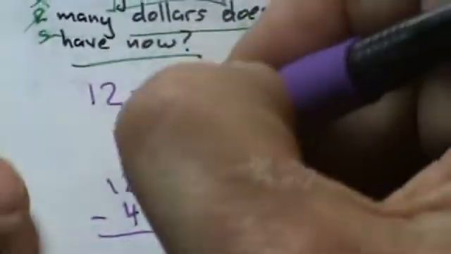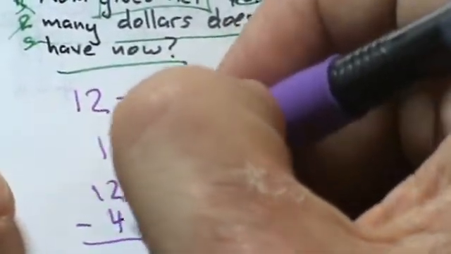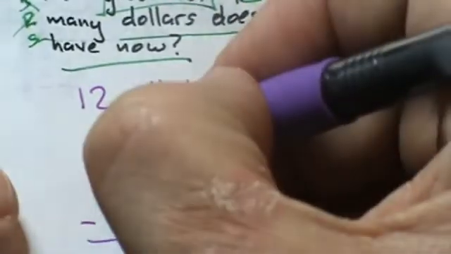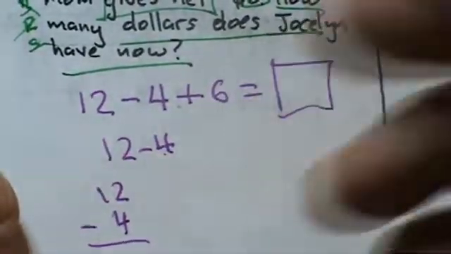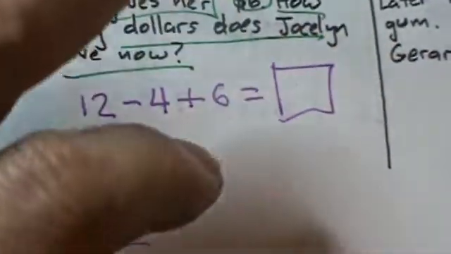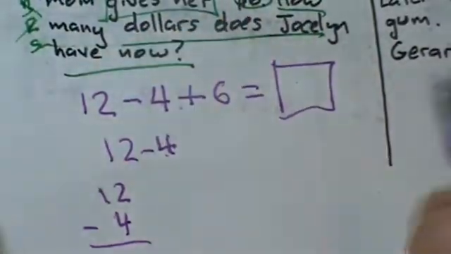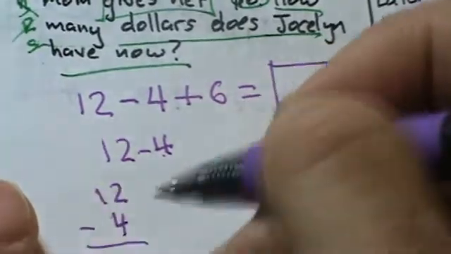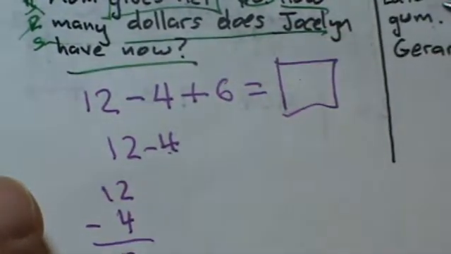Can I subtract 4 from 2? No, so this is going to be 12 minus 4. So I have 4, 5, 6, 7, 8, 9, 10, 11, 12. That's 8. 8 plus 4 is 12.